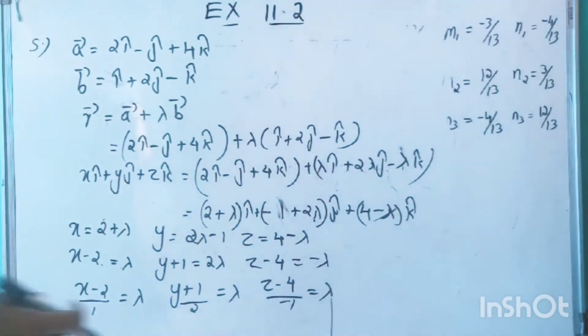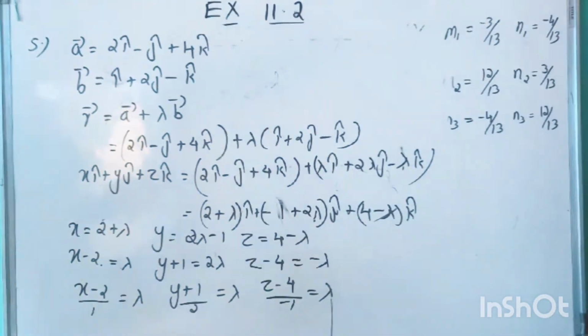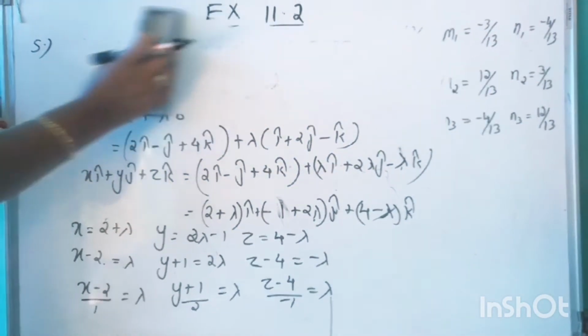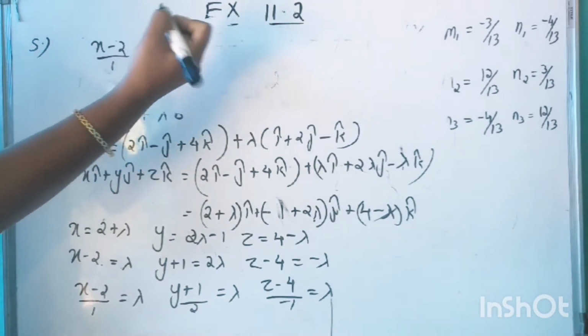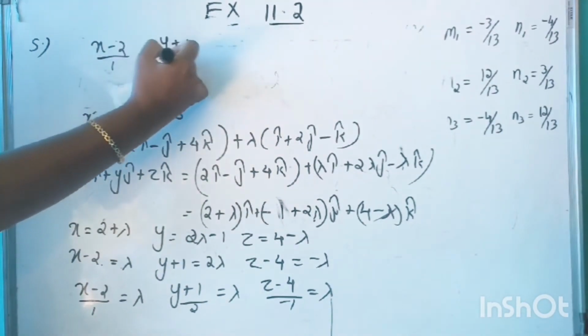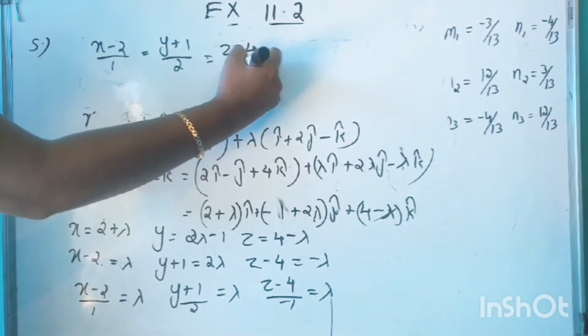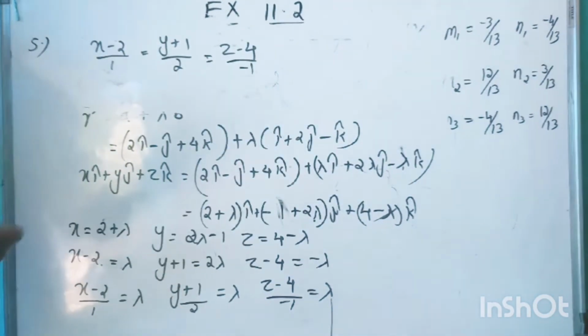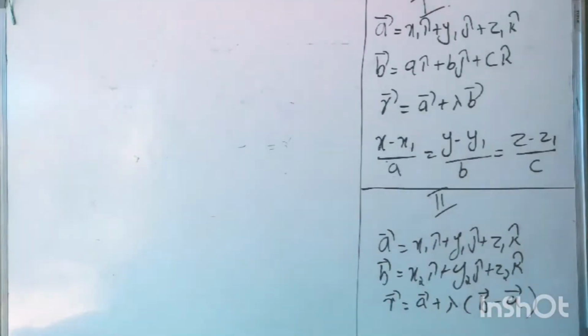So in these three equations, RHS is equal to lambda, so we can equate the LHS. We will get x minus 2 by 1 is equal to y plus 1 by 2 is equal to z minus 4 divided by minus 1. That is the Cartesian equation of the given line.